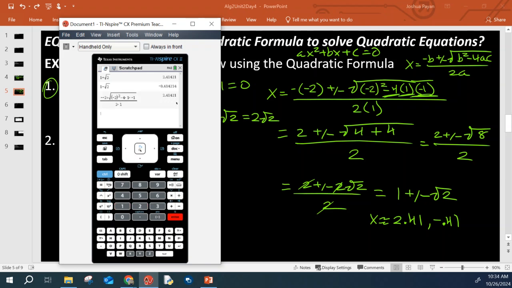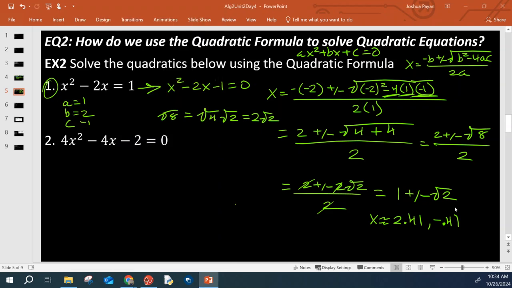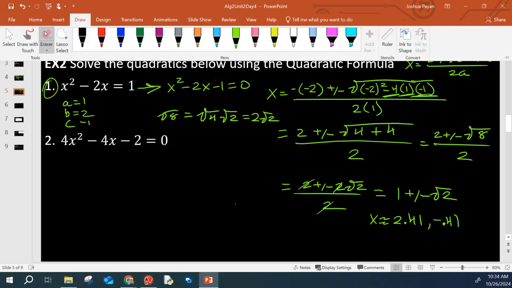And I get the same thing. And then if I want to, I could just copy and paste again like I showed you a second ago, delete this plus and change it to a minus, hit enter, and I get the exact same negative 0.41. Okay, so pretty straightforward how to use the quadratic formula, right?